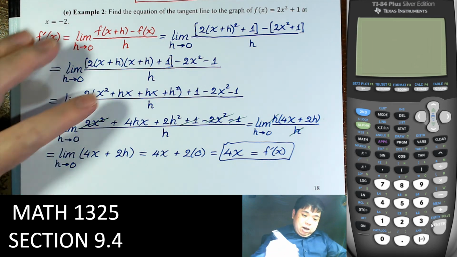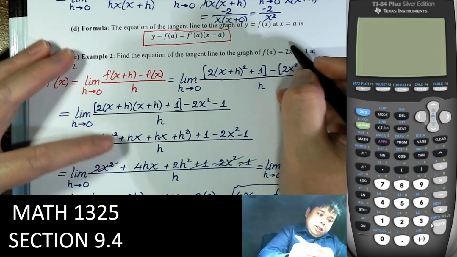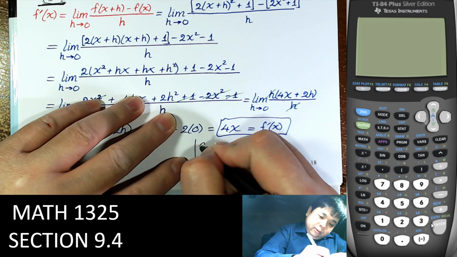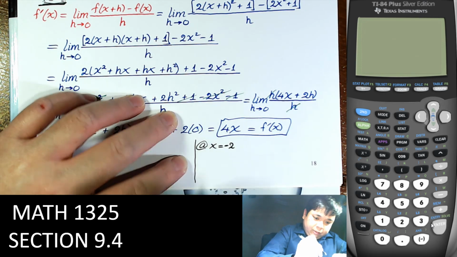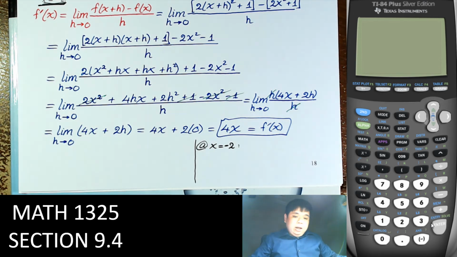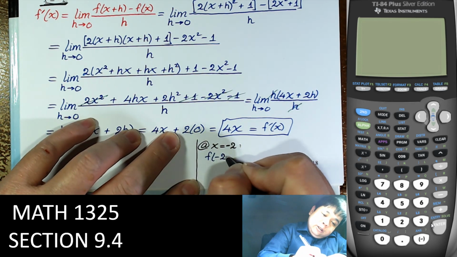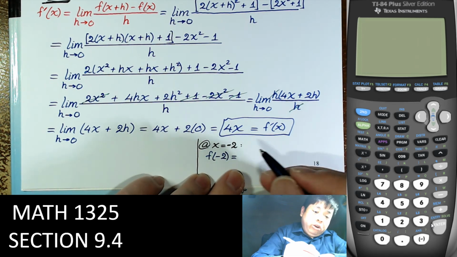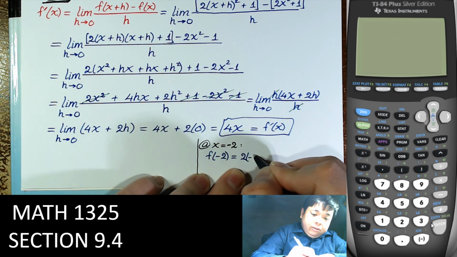Now let's evaluate the equation of tangent line at x equal to -2. The value of the function. This is the original function, not the derivative.